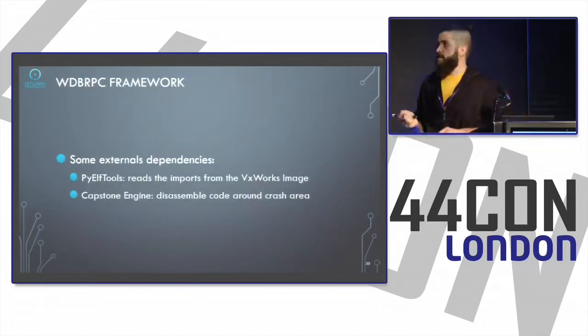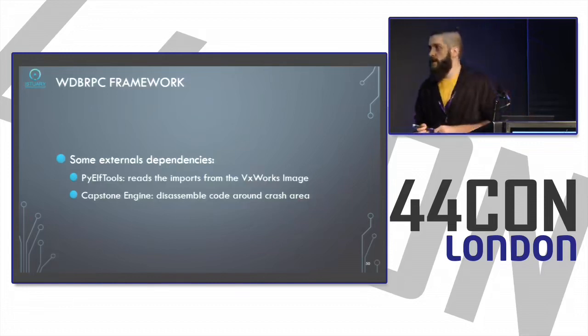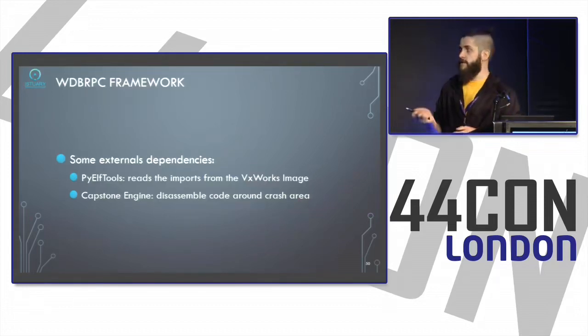This framework has some external dependencies. I needed PyElfTools to read the VxWorks image. The VxWorks image is basically an OS image that you compile when you create the project. And it contains, so when I do this, I can read all the imported functions.